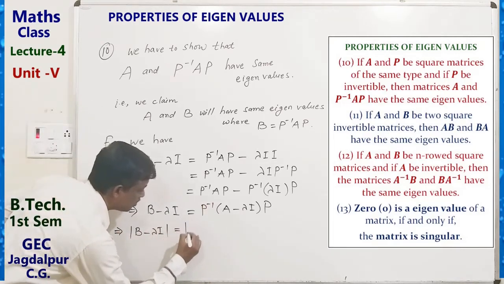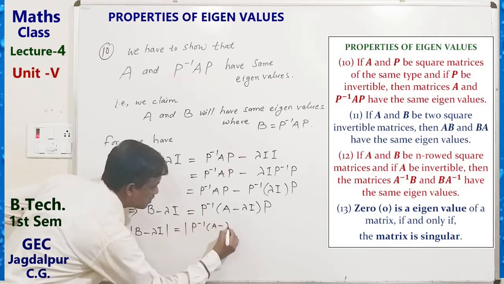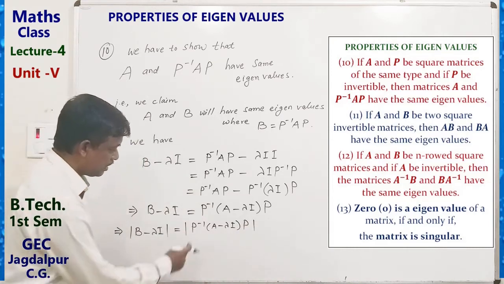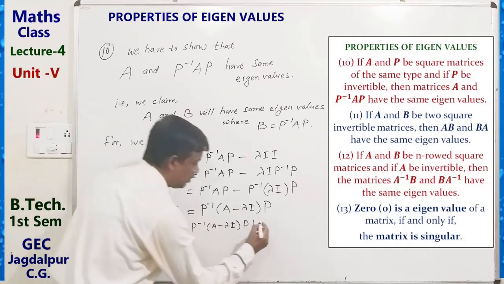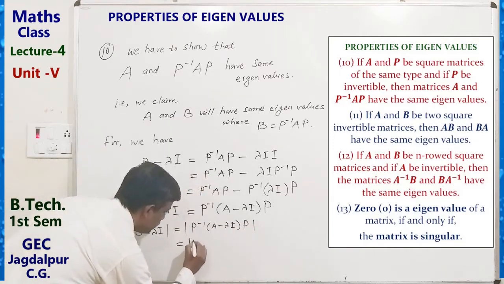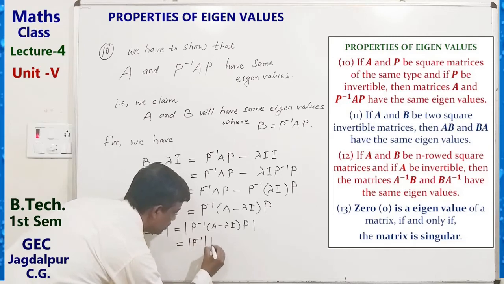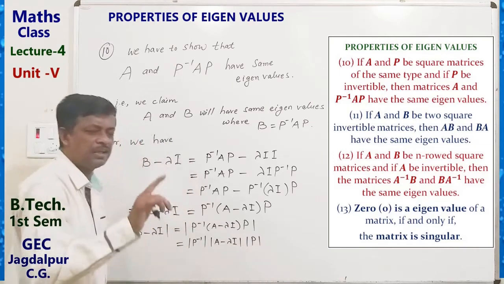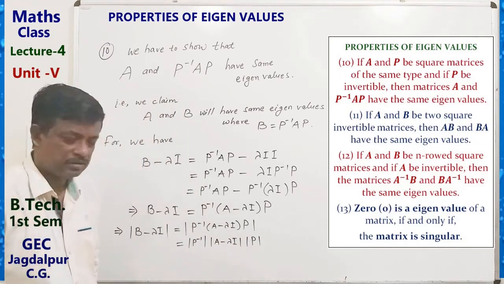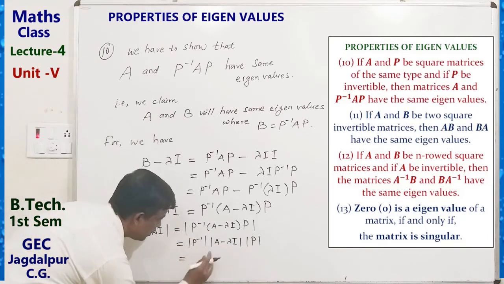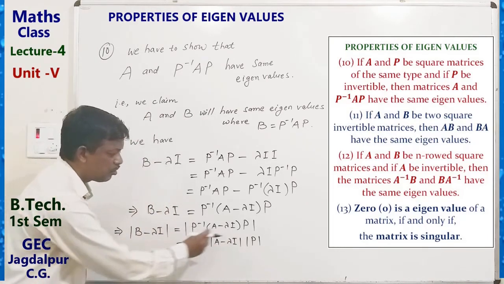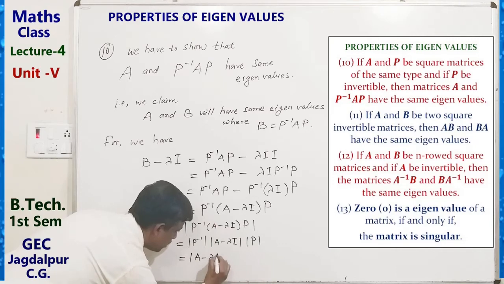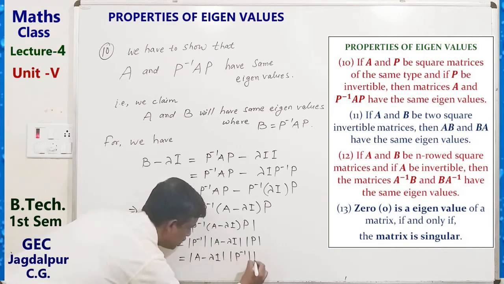Determinant equals determinant P inverse A minus lambda I P. Here three matrices are multiplied, so it can be written separately: determinant P inverse, determinant A minus lambda I, determinant P, because determinant ABC equals determinant A, determinant B, determinant C. Here A minus lambda I determinant, these are the numbers, so just write it here, and P inverse is here.